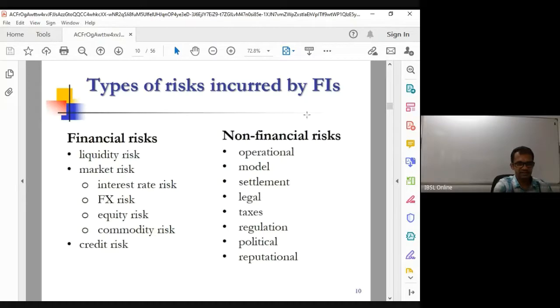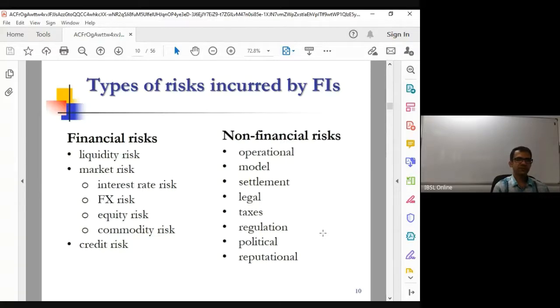All these activities or all these risks may not necessarily end up with financial loss. Regulation, as I mentioned, regulations imposed by the central bank or any other supervisory authority.